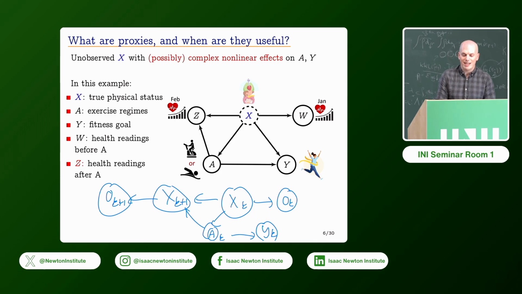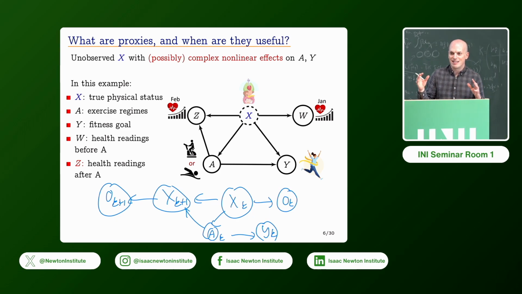So this is another way to understand it. In this graph I've hidden all of this detail, because we don't need that detail in order to do the math that I'm going to do. But if you're familiar with partially observed Markov decision processes, this is that effectively.